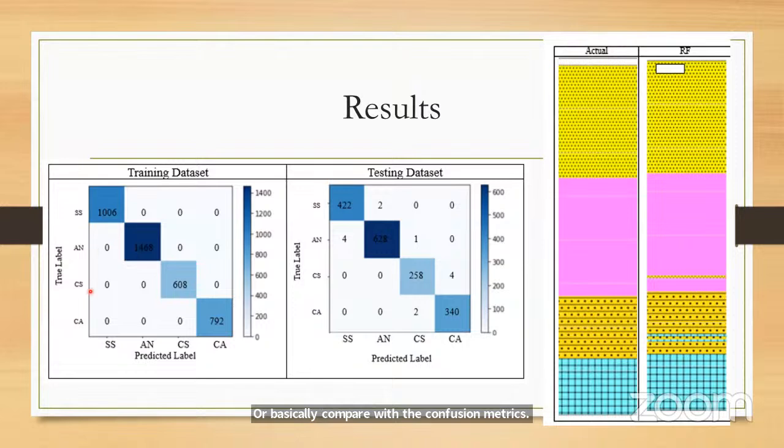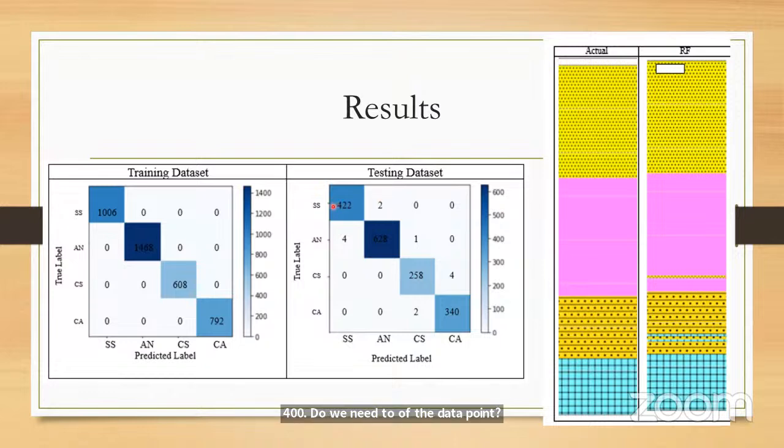Confusion matrix is basically telling the true label versus the predicted label. So for example, here, this is a training data set. I had 1,006 data points that were sandstone, and they were predicted as sandstone. However, in case of testing, I actually had 422 data points that were sandstone.